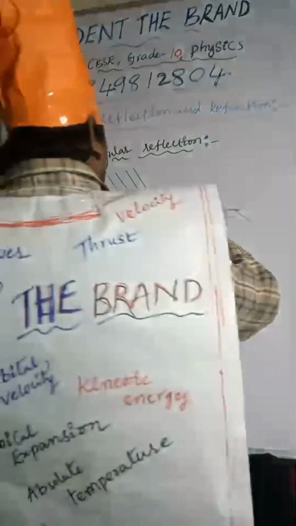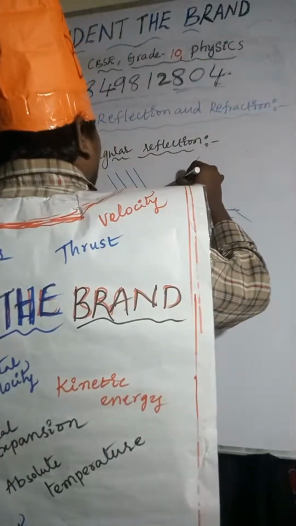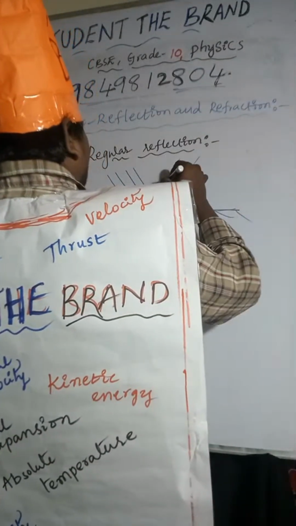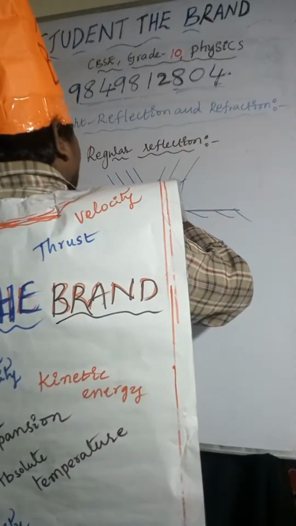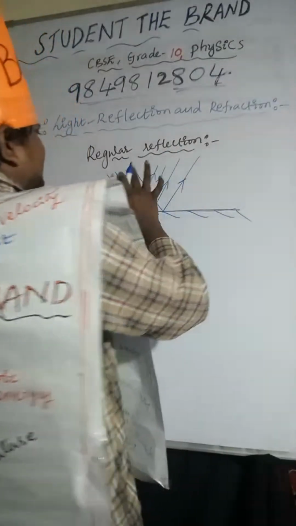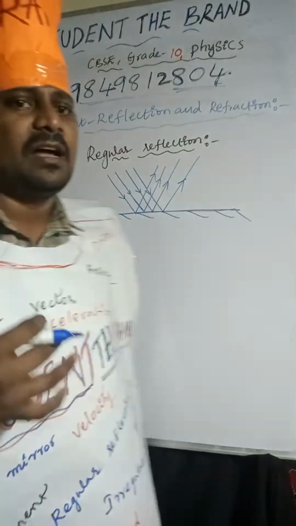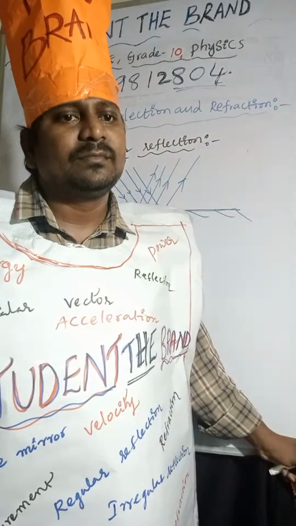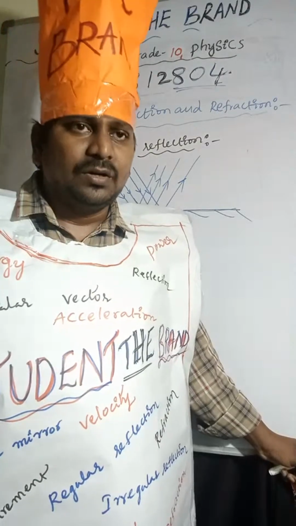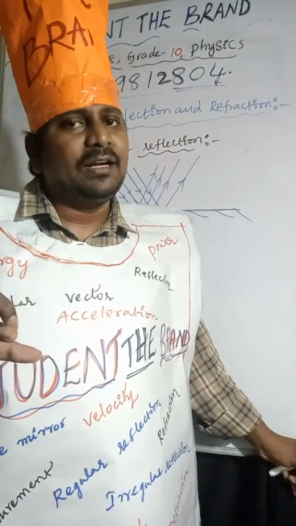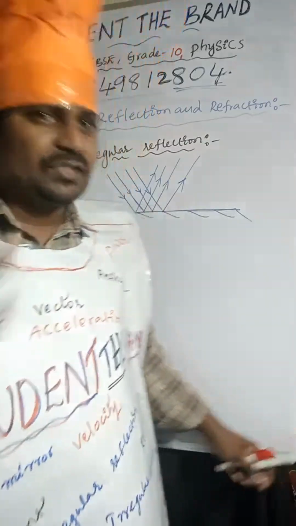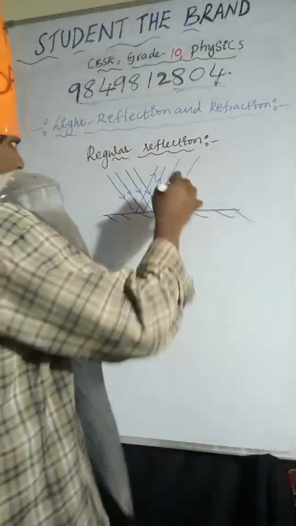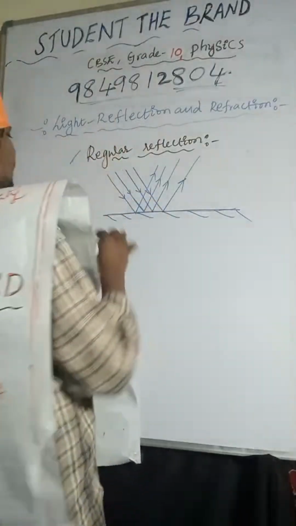These are the reflected light rays. Incident light rays are parallel, then reflected light rays are also parallel to each other. So that reflection is called regular reflection.